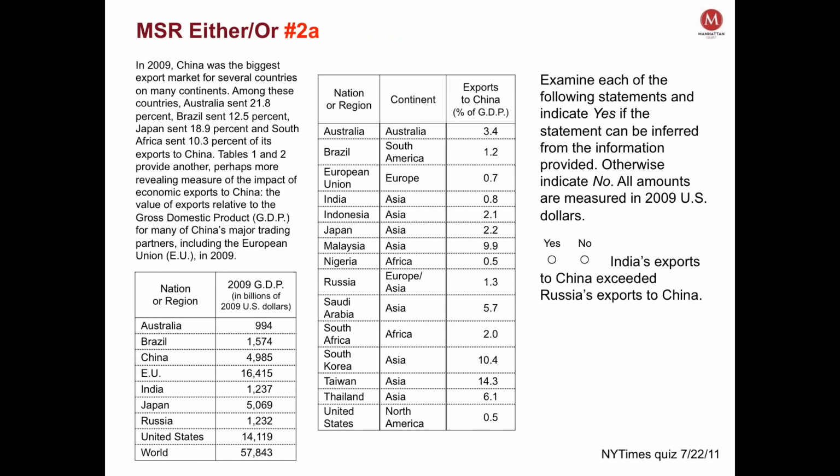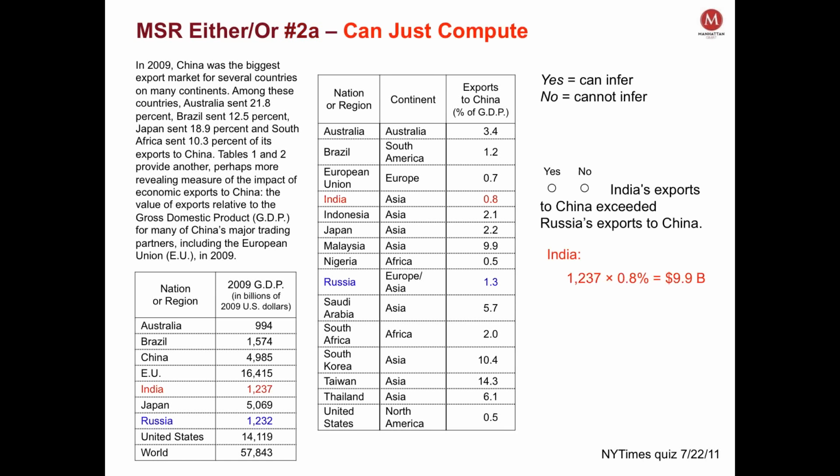All right, so first question, India's exports to China exceeded Russia's exports to China. I'm going to move sort of quickly through this. Again, I just get out my little friend and I'd compute. India, Russia, here we go.